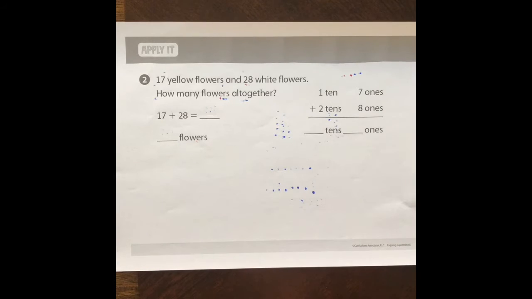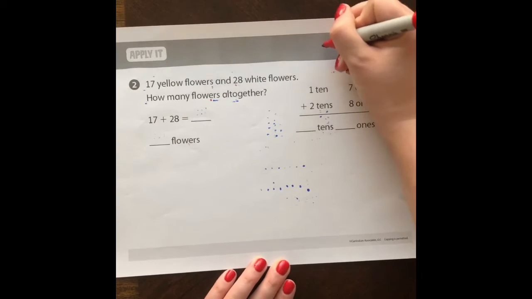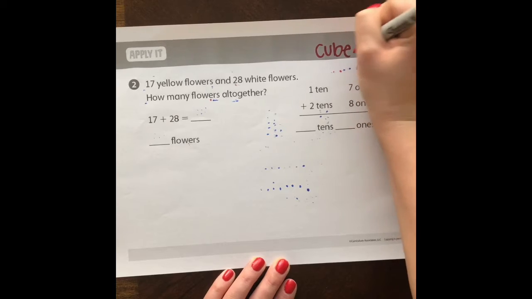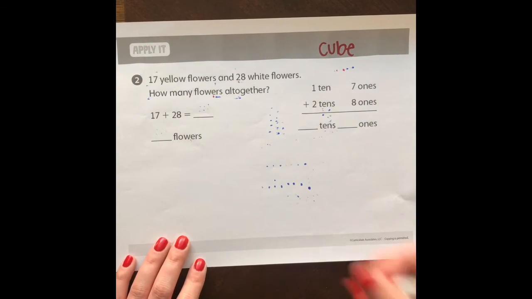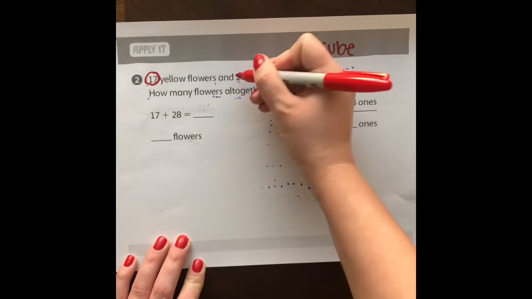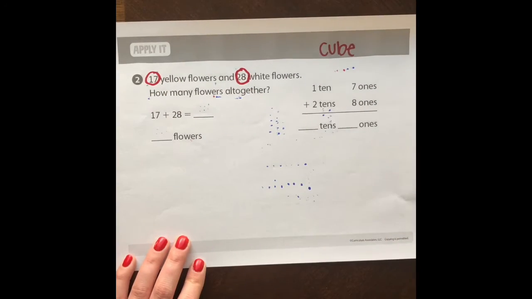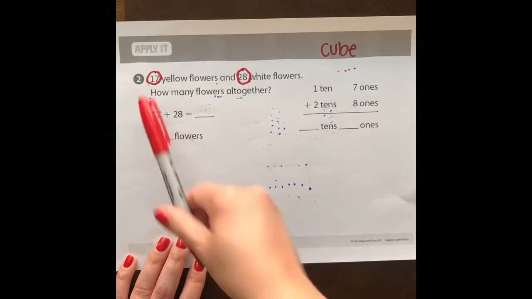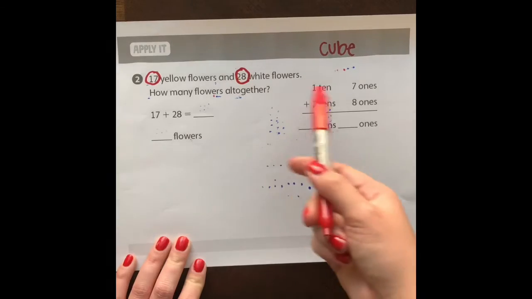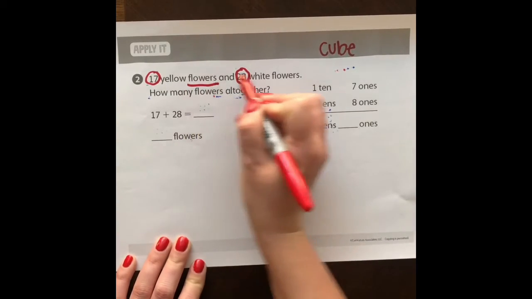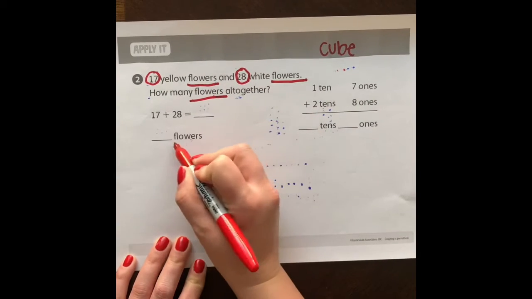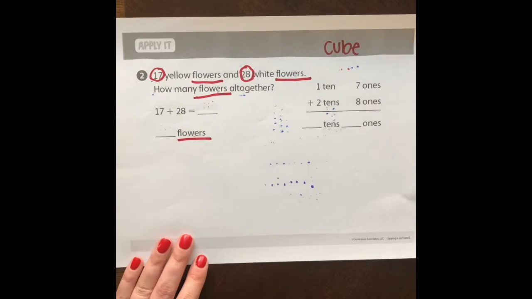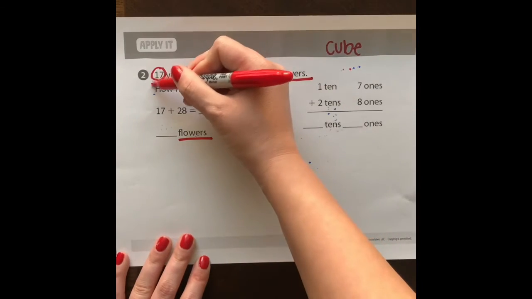All right, boys and girls, now we are on question number 2. It's another word problem, so we are going to practice our cube method. First thing we're going to do is circle our important numbers, 17 and 28. Next, we are going to underline what we are talking about. 17 what? 28 what? Well, flowers. We're talking about flowers. Next, we're going to box our question, or what we don't know.